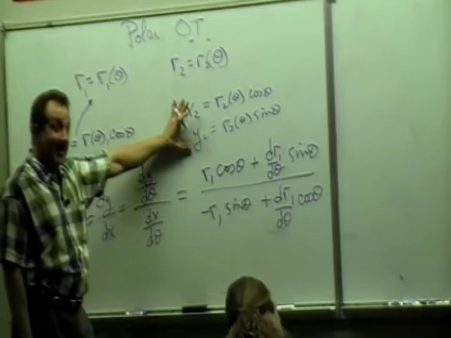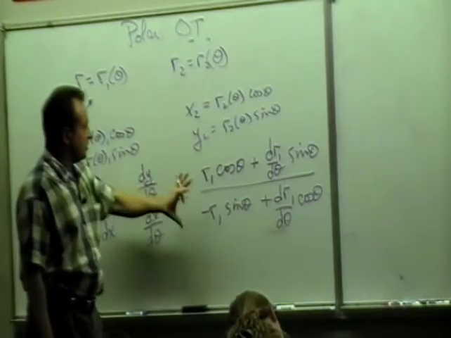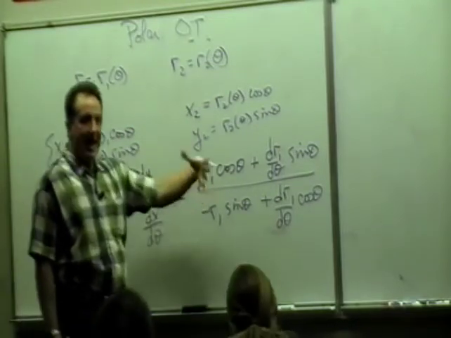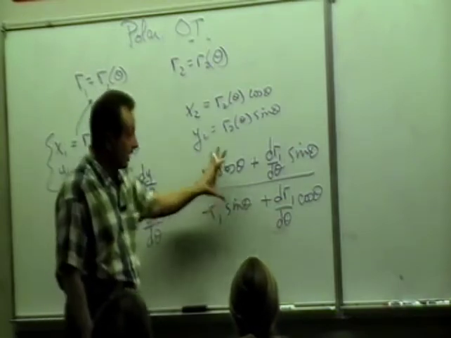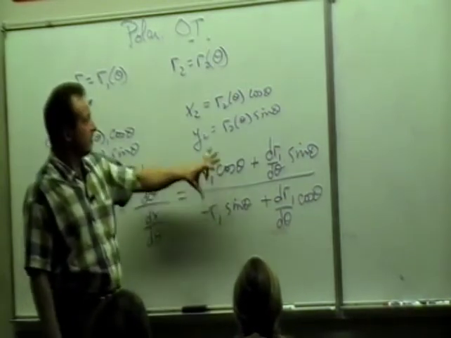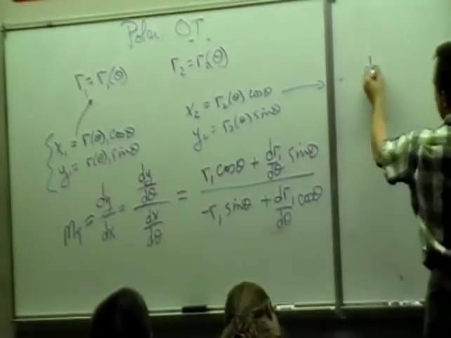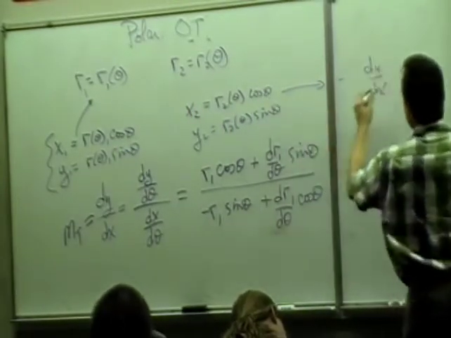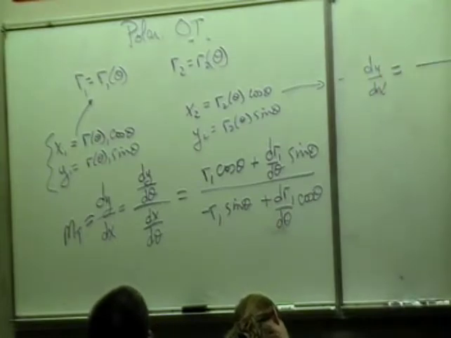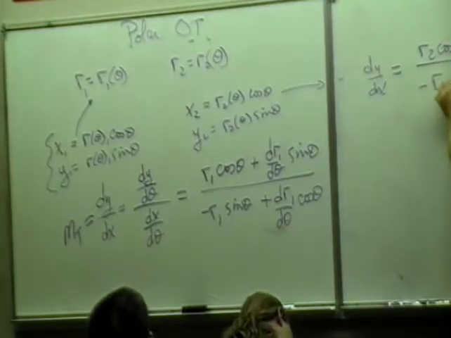And then say that this quantity must be the negative reciprocal of this quantity. In other words, if I use this one and I said dy dx for this particular set, which would be what? r2 cosine theta plus dr2 d theta sine of theta over negative r2 sine theta plus dr2 d theta cosine theta.